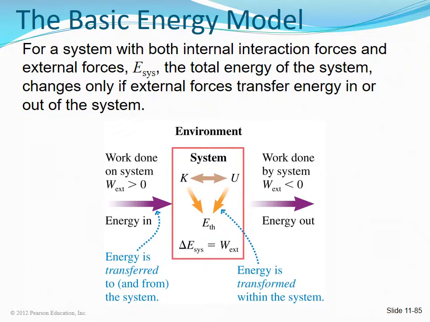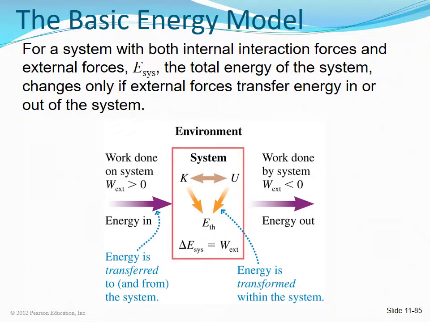For a system with both internal interaction forces and external forces, E sys, the total energy of the system, changes only if external forces transfer energy into or out of the system. If work is done on the system, it is positive. It is energy into the system. If work is done by the system, it is negative.